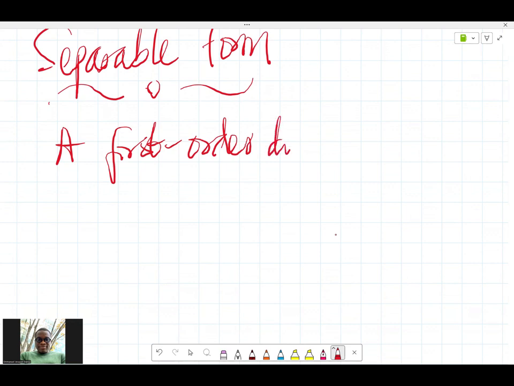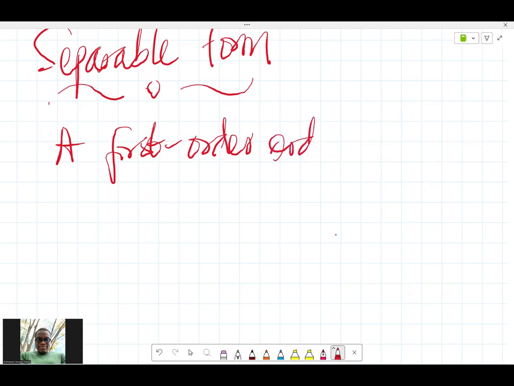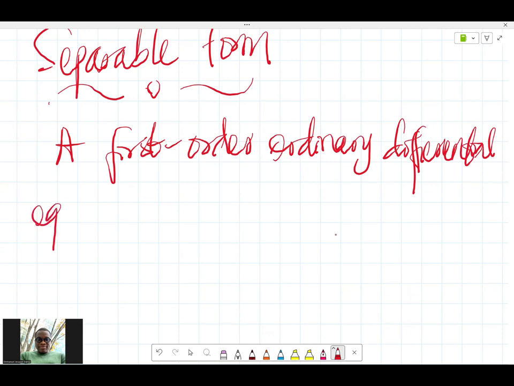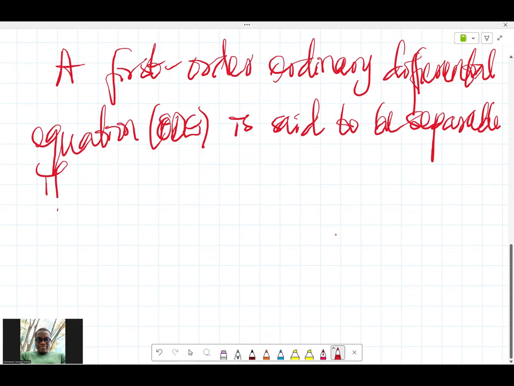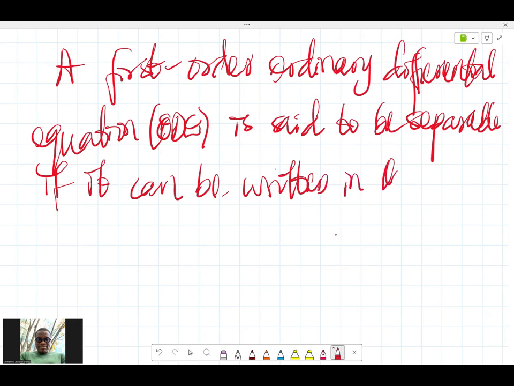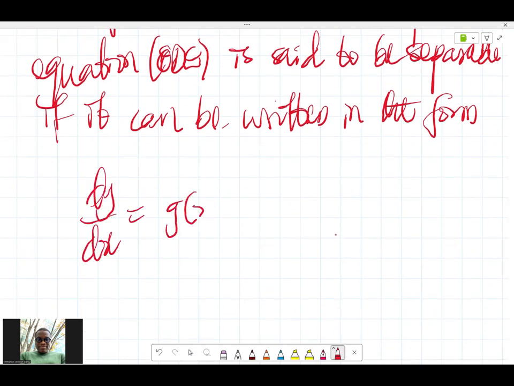So, a first order ordinary differential equation, ODE, is said to be separable if it can be written in the form dy/dx equals g of x, h of y.